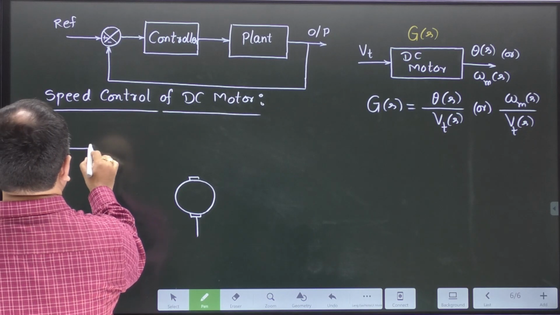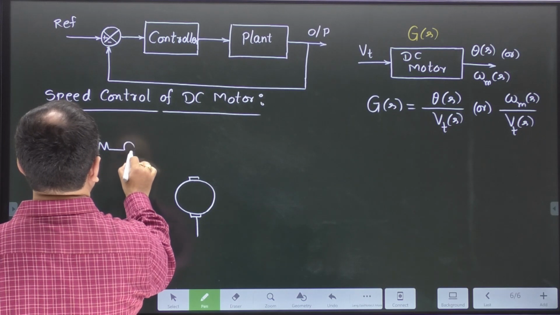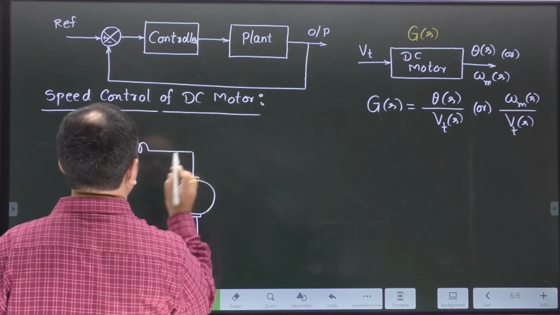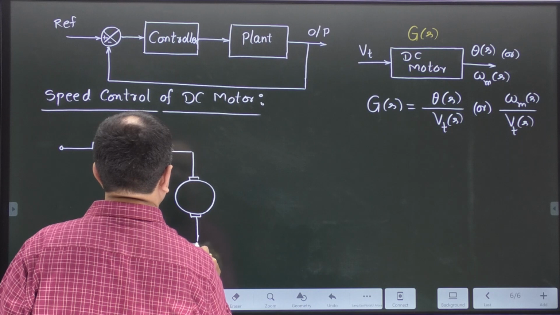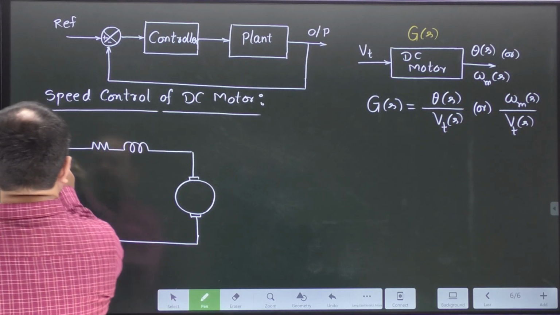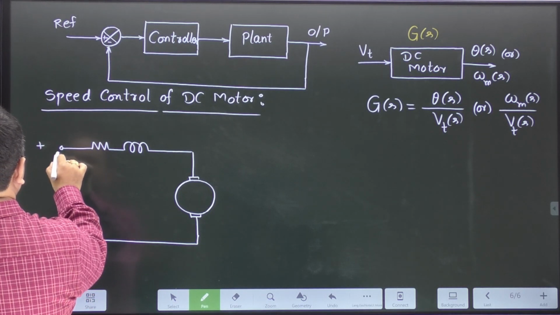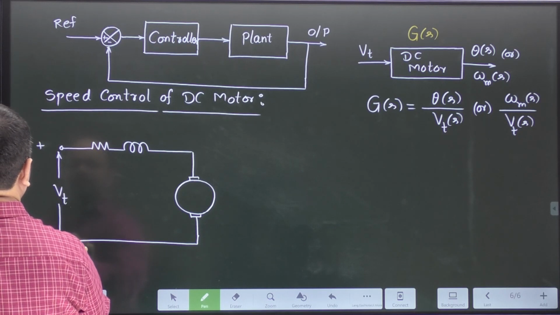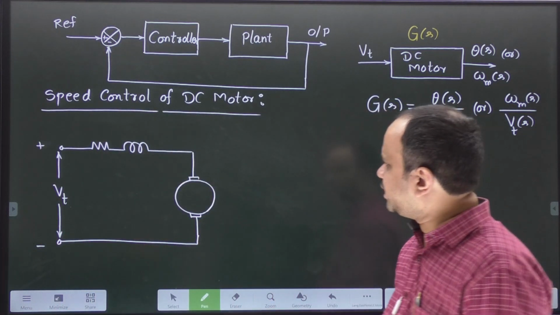For this DC motor, I can take the armature circuit like this, and the terminal voltage given to this motor is Vt.